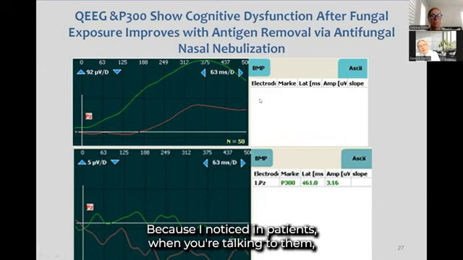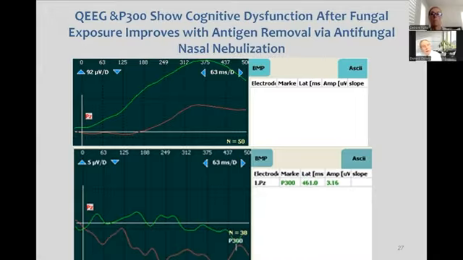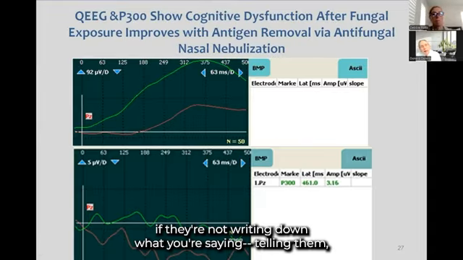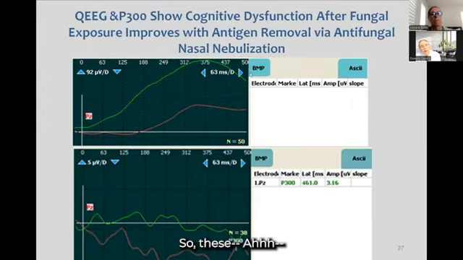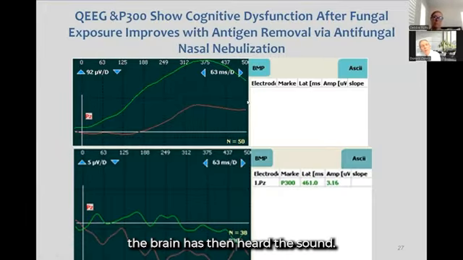When the green and red lines cross, the brain has then heard the sound. Well, these never crossed.